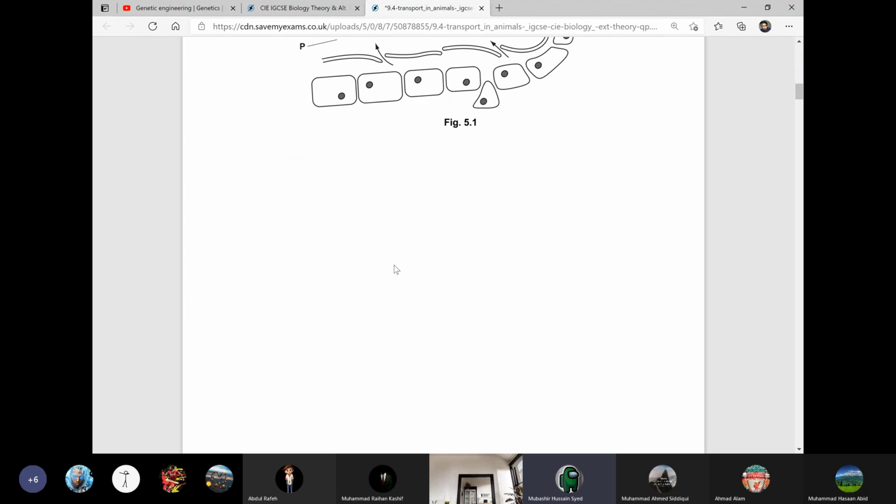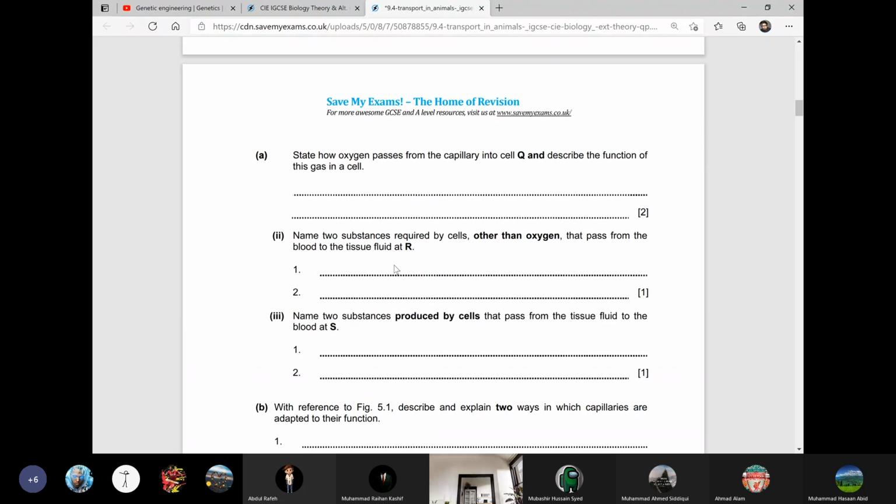So other than carbon dioxide, what other thing is produced by the breaking down of glucose? Sir, energy. No, energy is not a waste, and energy is not a substance. Water is produced, right?